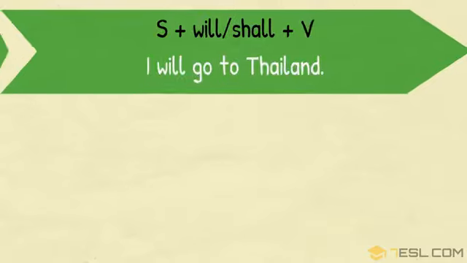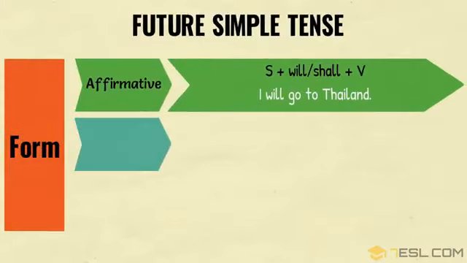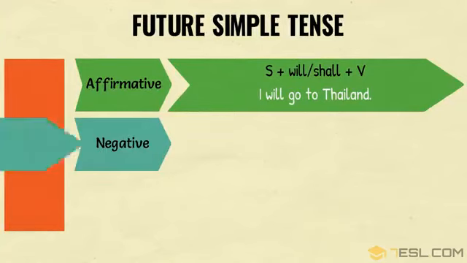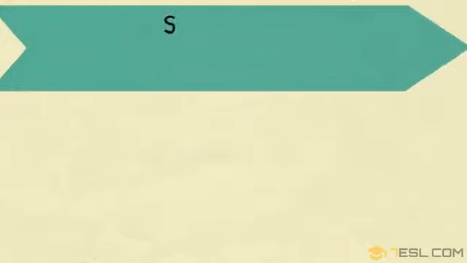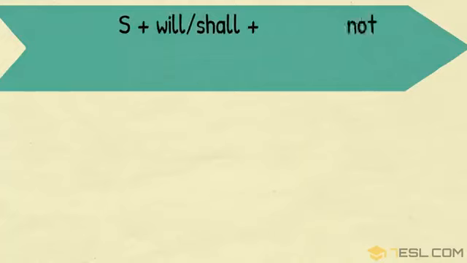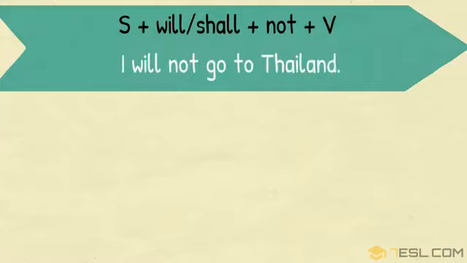I will go to Thailand. Negative: subject plus will or shall plus not plus verb. I will not go to Thailand.